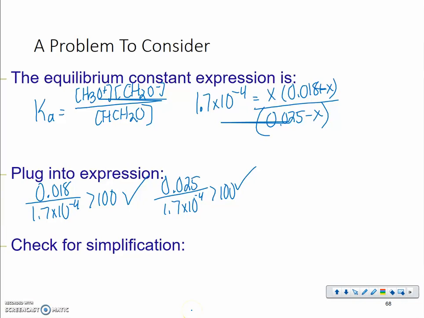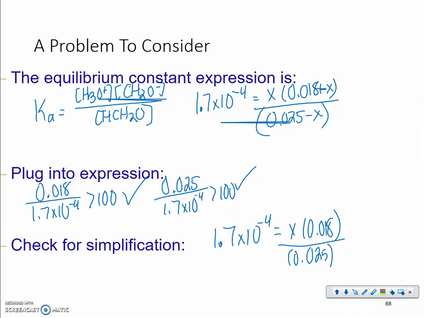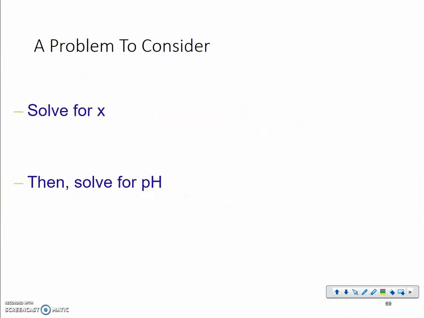Okay, so what that means is we can ignore this plus X and that minus X, which is just then going to simplify the math. So when we solve for X, and then X is equal to our H3O plus, so we can solve directly for pH from this.